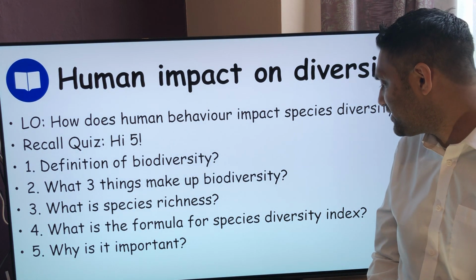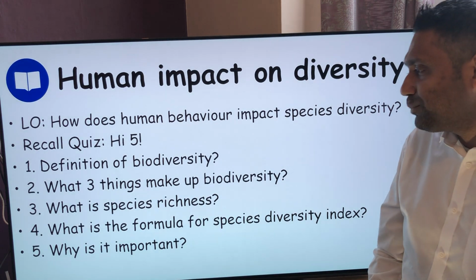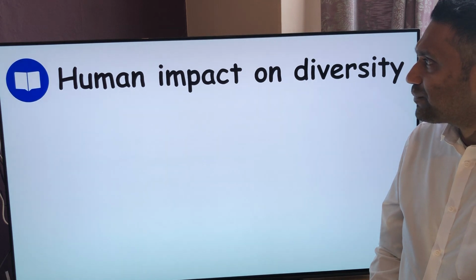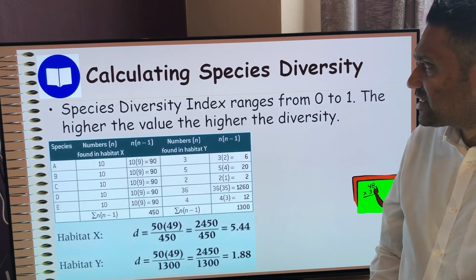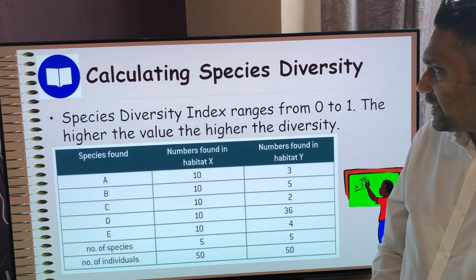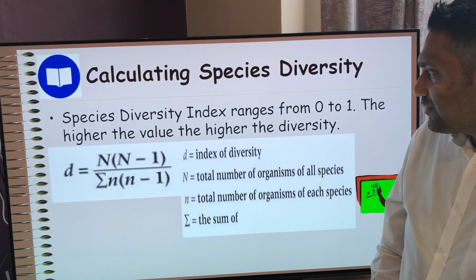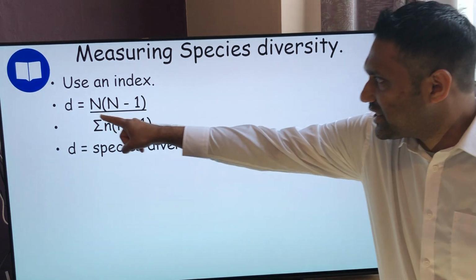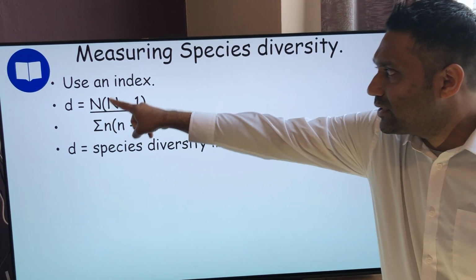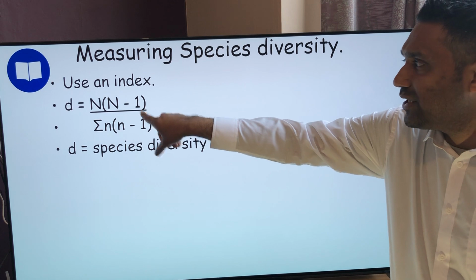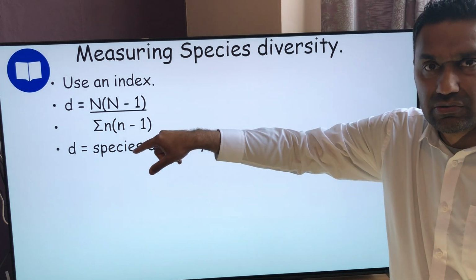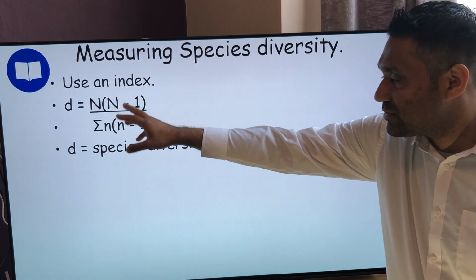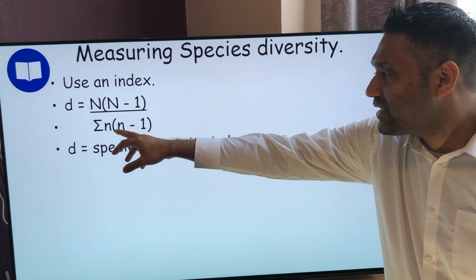What's the formula for species diversity index? It's probably quicker if I just show you the previous slide so you can see it. The species diversity index, this is from our previous lesson. There we go. Species diversity index is big N bracket big N minus 1, over the sum of n bracket n minus 1. Big N is the total number of organisms in total, and little n is the individual species.